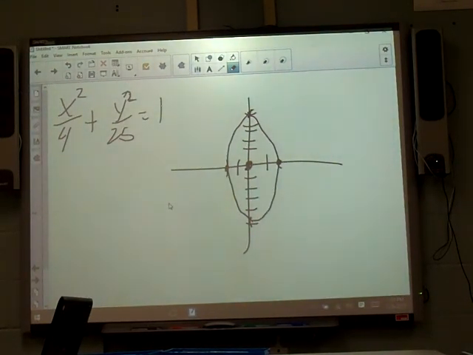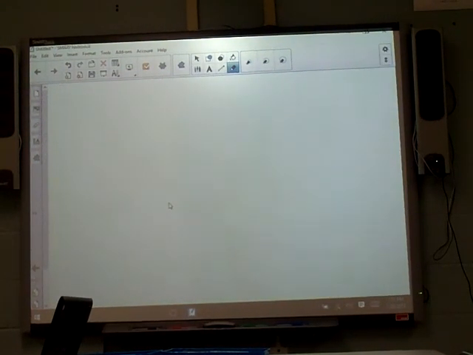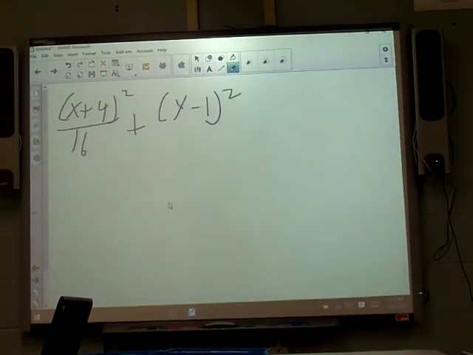How about x plus 4 squared over 16 plus y minus 1 squared over 36 is equal to 1.